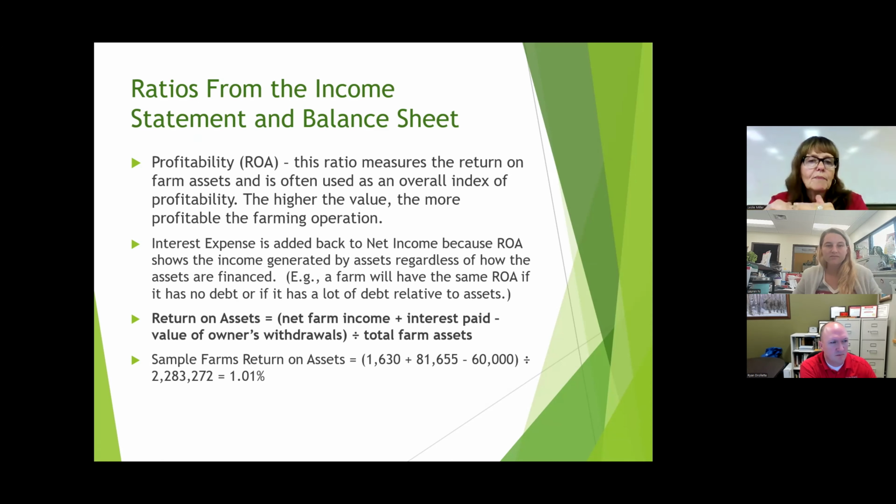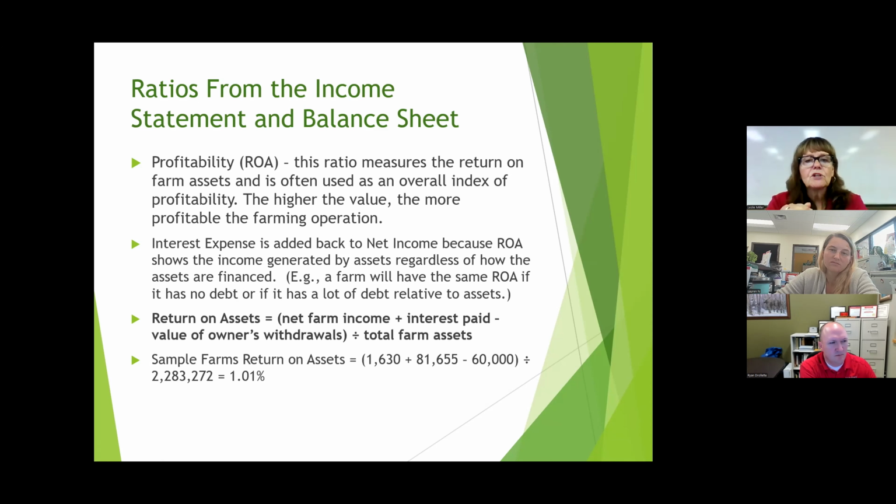So in order to make that adjustment, you take your net farm income and add back the interest that's been paid. You just want to know what the assets are doing. You don't care if they've borrowed money for those assets. You don't care what labor or management has contributed. You just want to know how well the assets are doing to contribute to the farm profitability.